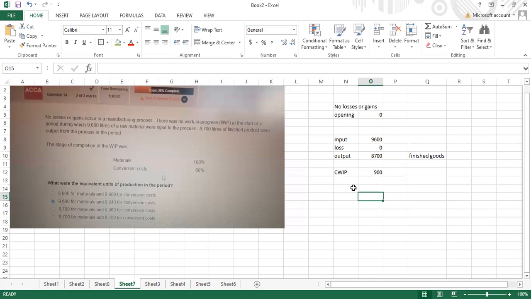We input some material and get output, which is your finished goods, and the closing work in progress is the unfinished, incomplete work.